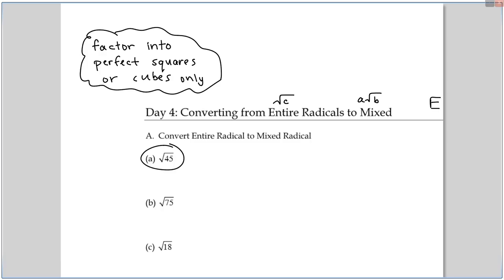45, can it be divided by 4? Is this what you do in your calculator? 45 divided by 4. Does that give you a whole number? No. So then you go to the next perfect square. 45 divided by 9. Does that work? Yeah. And then there's only one other thing that you have to worry about.